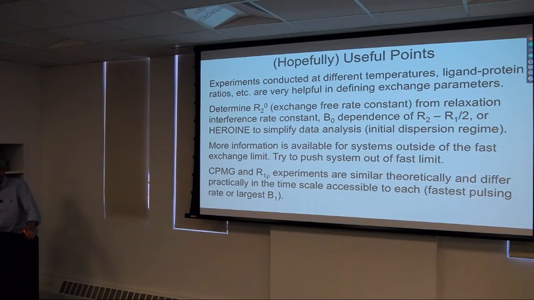So there's more information in R1-rho, but historically they're harder to do, and they don't exist for all possible nuclei yet, or coherent states that one would want to work on. So the CPMG experiment still is very popular, but the R1-rho is catching up.